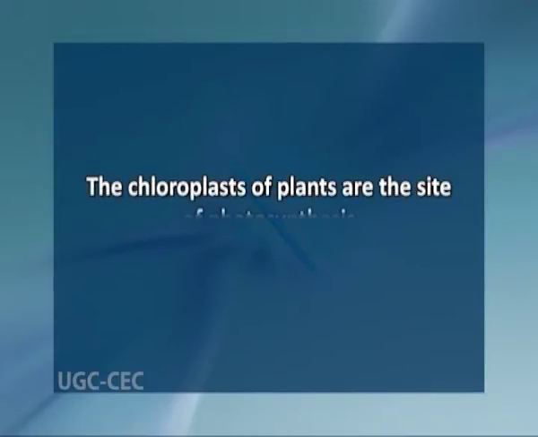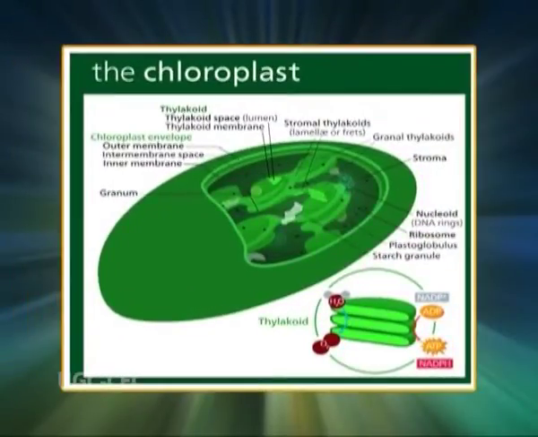The chloroplasts of plants are the site of photosynthesis. The light-dependent assimilation of carbon dioxide and water to form carbohydrates and oxygen. Though larger than mitochondria, they have a similar structure except that in place of cristae, they have a third membrane system, the thylakoids, in the inner membrane space.